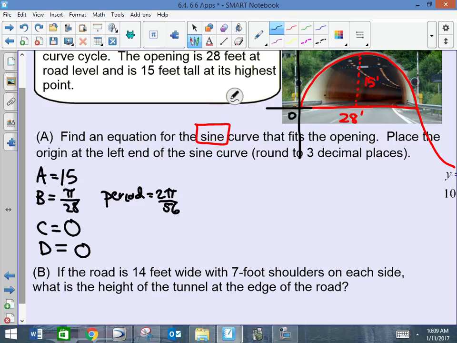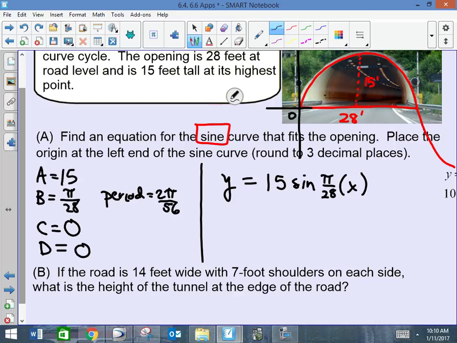That's 0, 0. Okay? So we have a sine curve. What is it? Lena. 15 sine of 2 pi over 28. Okay, I don't need the parentheses, but okay, very good.